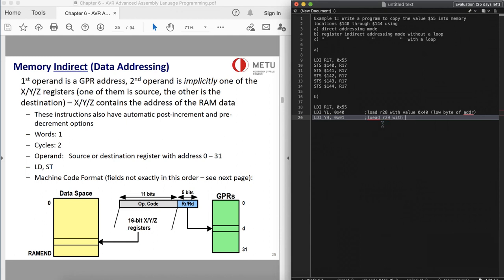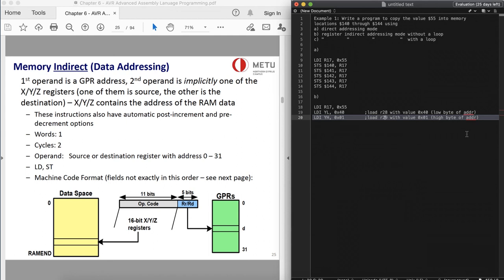Load R29 with value 0 hex 01, which in this case is the high byte of the address. That's R29, and that's going to be the high byte of the address.